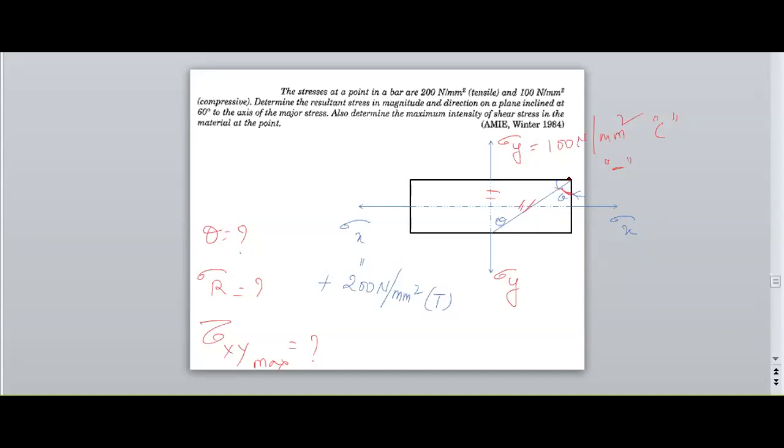That is, we are considering angle theta to this face. So if I draw an inclined line, therefore the same theta can be observed along the y-axis.